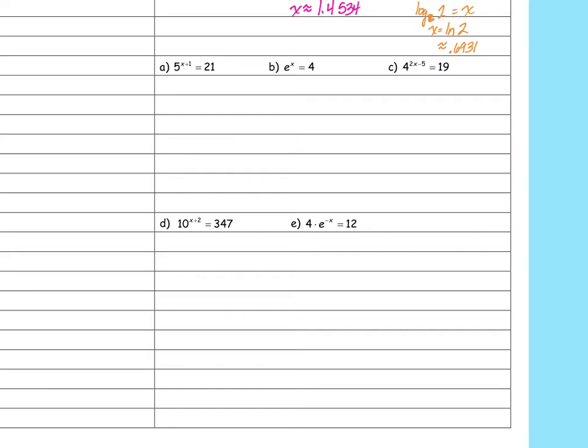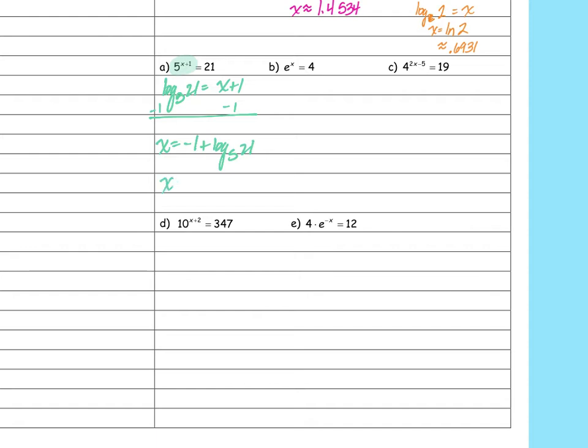So on A, it's already by itself, right? So I can just flip it to a logarithm, and I can say log base 5 of 21 equals x plus 1. Subtract 1 from both sides, and I get x equals minus 1 plus log base 5 of 21.